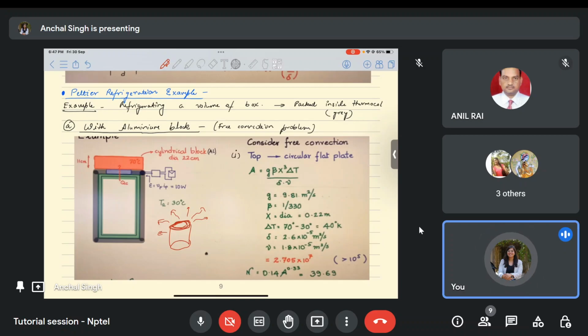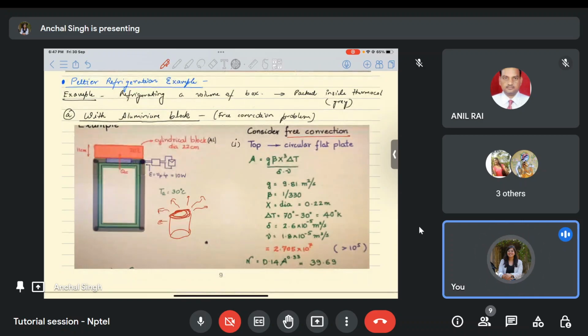And since a fan is not present, we can call it free convection. Now if you look at this cylinder again, the block is something like this, right? And here my Peltier module is kept. Now heat will be dissipating from the sides and from the top. So these are the only two places from where heat will be dissipating, right?